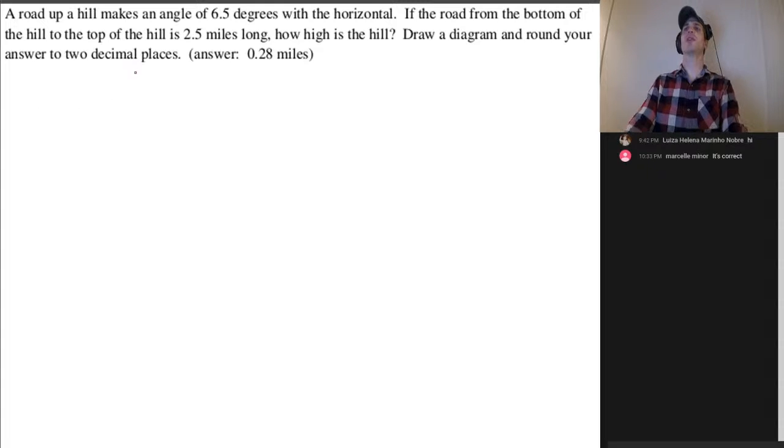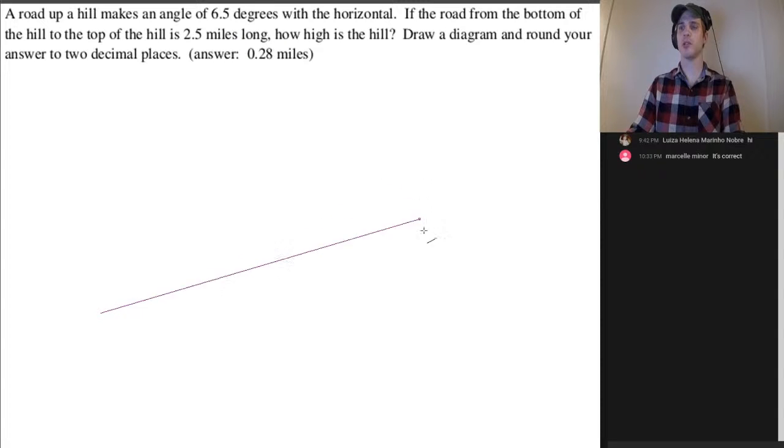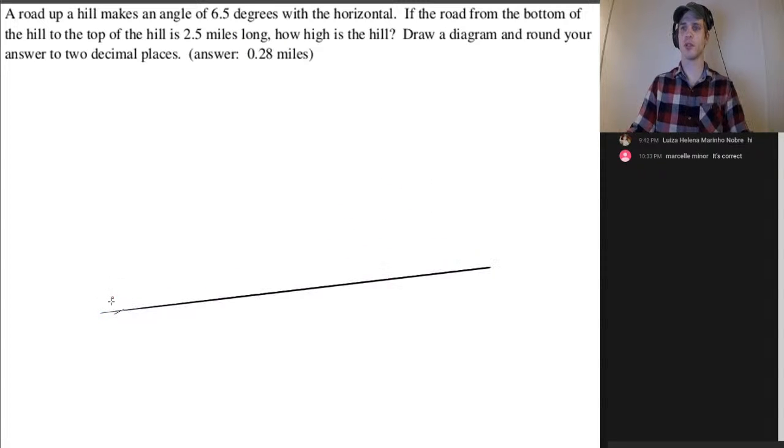Okay, so a road up a hill makes an angle of 6.5 degrees with the horizontal. So here's the road, and here's the horizontal, and this is not to scale. 6.5 degrees.